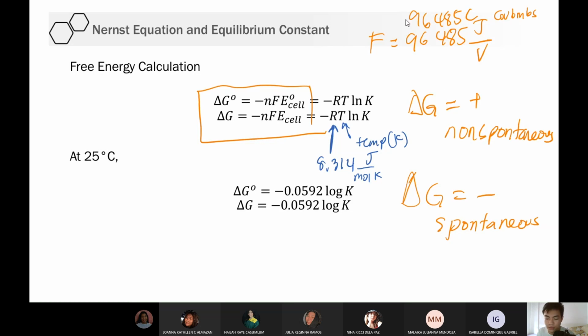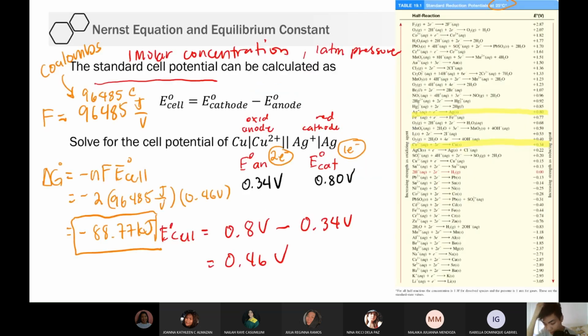Ayun lang. So again, pag nagtataka kayo, bakit 2 electrons ginamit dito? Di ba, n, pag sinabing n, mole ng electron yun. Pag nakita nyo yung n, bakit 2 ginamit dyan? Kinuha lang yung LCM, the least common multiple. So basically, malalaman mo that this reaction involves 2 electron, ito 1 electron.